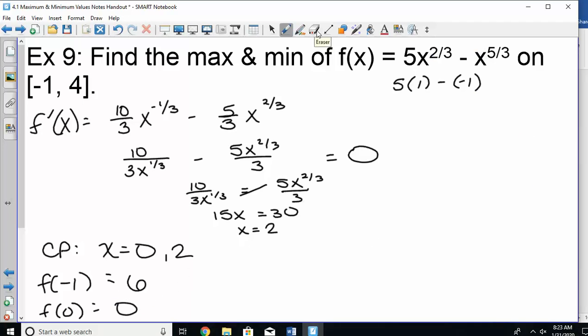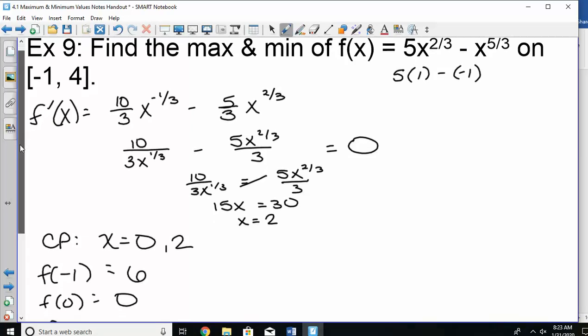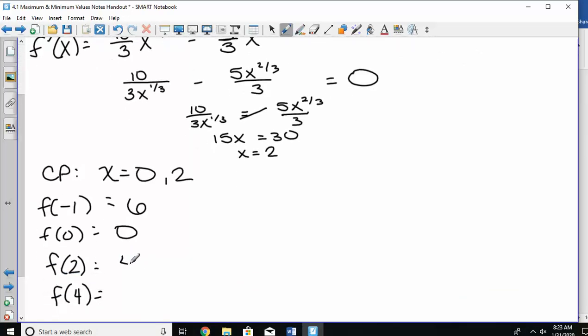And now they're going to get a little uglier because you can't do the cube root of 2 exactly. So let's use our calculator to plug in the 2 and the 4. When I put in 2, we get 4.76.